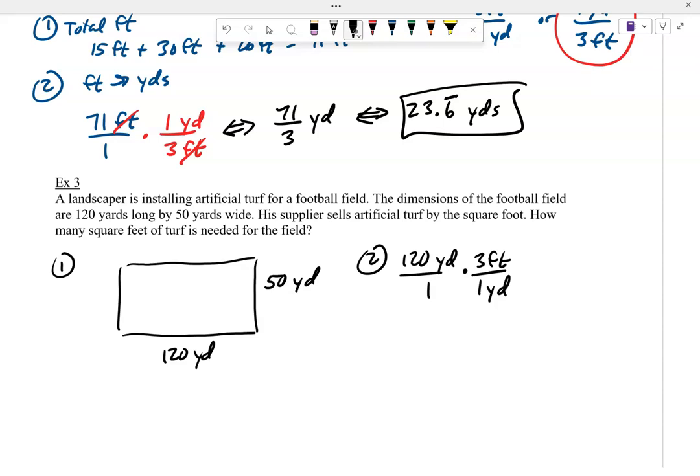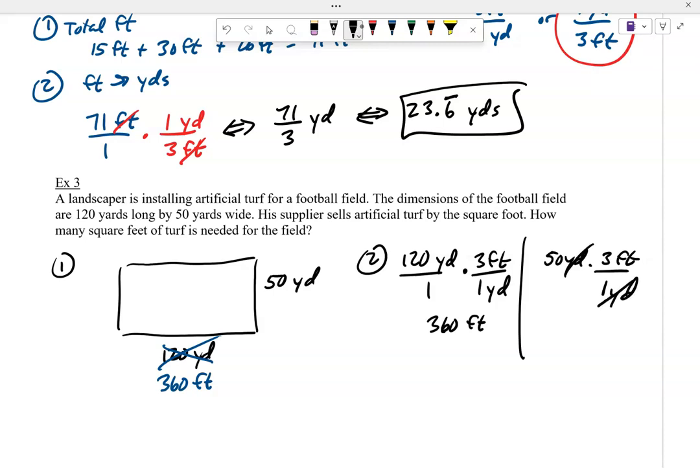So we got 360 feet is my length. So I'm going to cross this out, and I'm going to say that's 360 feet. And then let's do the 50 yards as well. Let's convert that one to feet. 3 feet for every 1 yard. Notice my yards cancel. I get 50 times 3 is 150 feet. So let me cross that out. That's 150 feet. So here are our dimensions, 360 by 150.